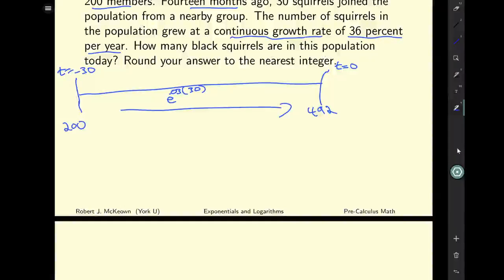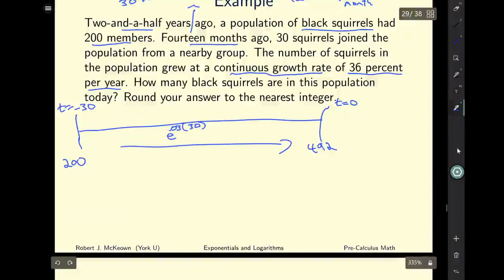Now, looking back on the timeline, what happened 14 months ago? At t minus 14, we're going to have 30 squirrels join the group, and those 30 are going to grow at 3% per month, and they're going to do that for 14 months.